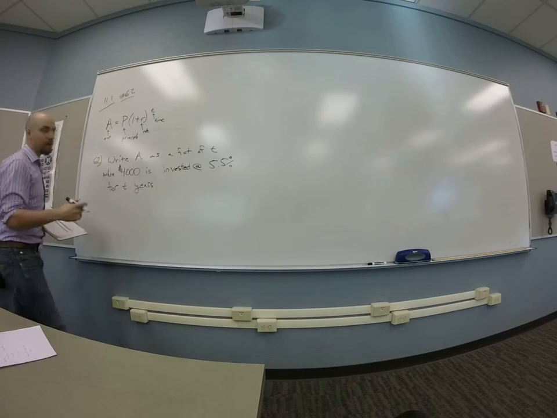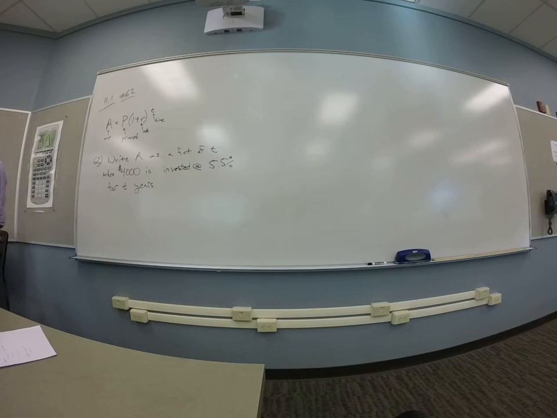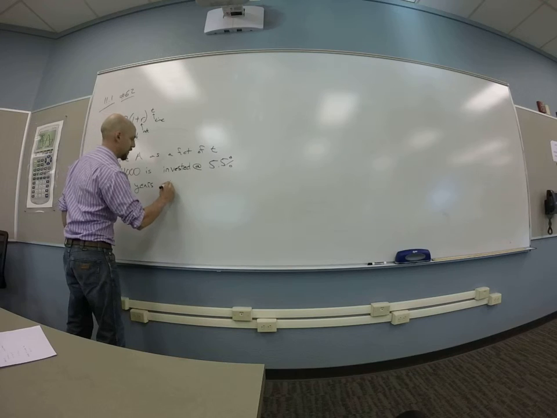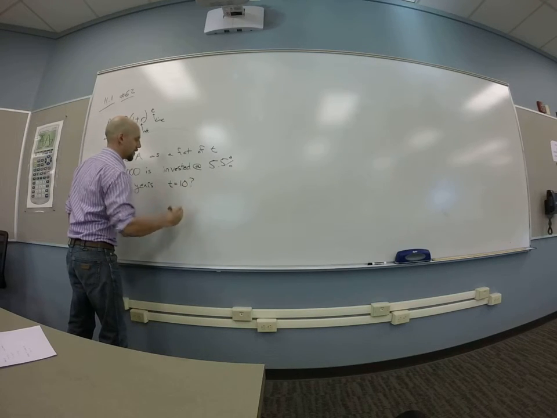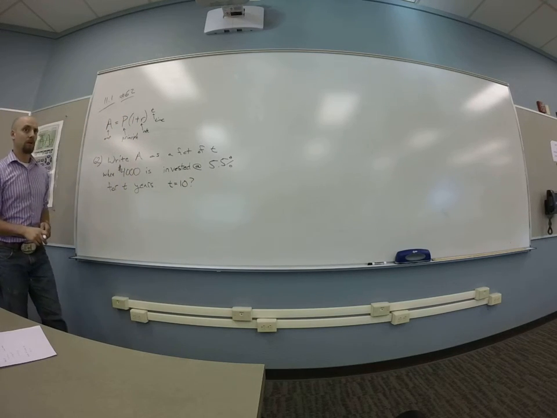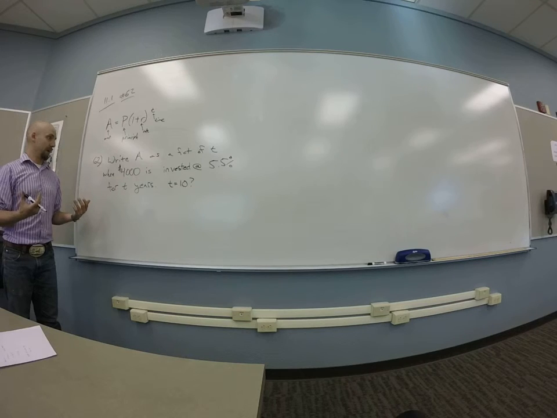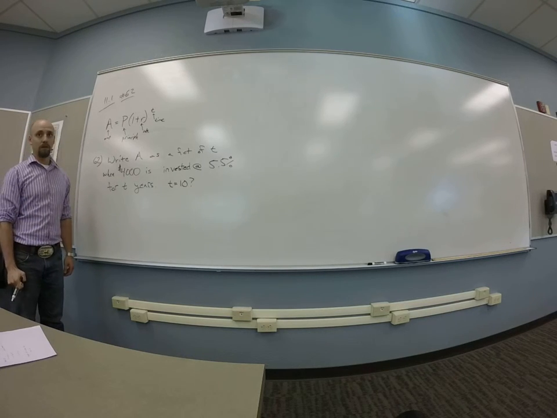And then they ask me to evaluate when T is 10. Cool. But they give you the amount and the rate, but they didn't give you the principal. Wait, what? So you're going to have P and T.